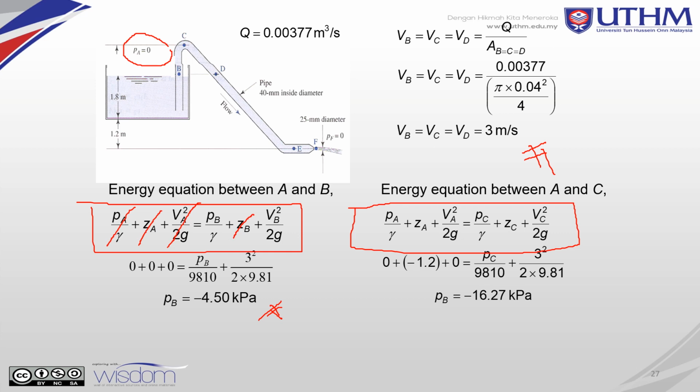ZA to ZC here is negative 1.2. VA is 0, and also the VC here. So you get the pressure at C, this value.